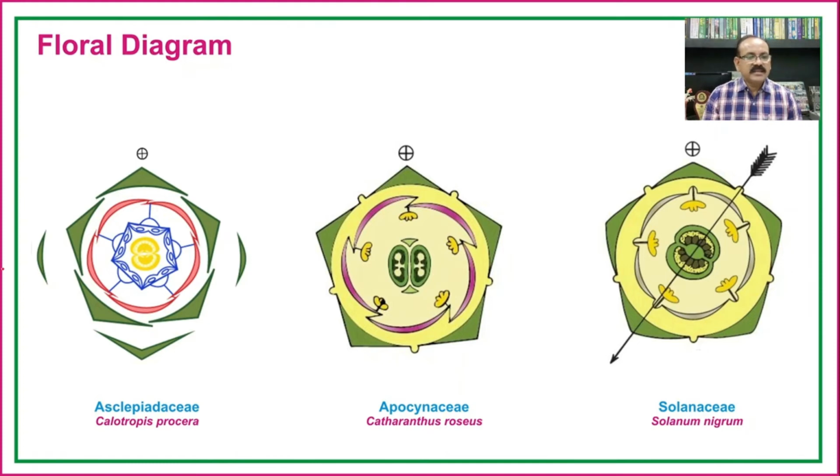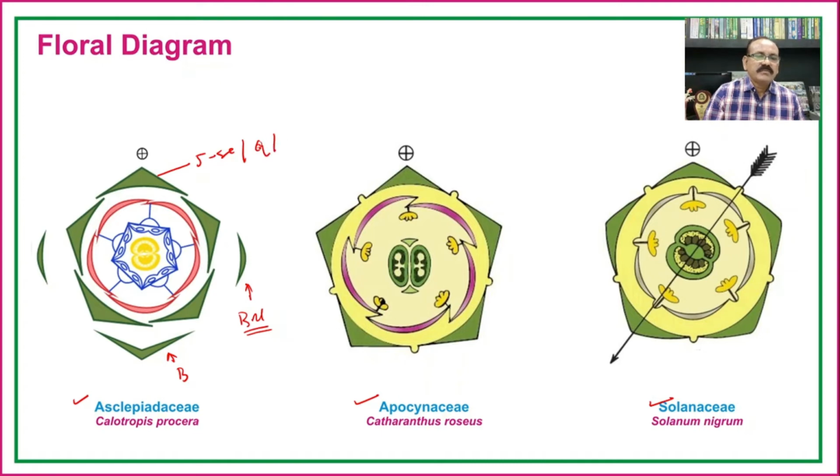In some other families like the Asclepiadaceae, Apocynaceae and Solanaceae, here in the Asclepiadaceae there is a presence of the bract, and in addition to that there are bracteoles also. Then there are 5 sepals with the quincuncial type of estivation, and they are free, that is polysepalous.